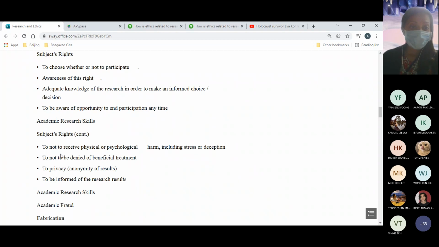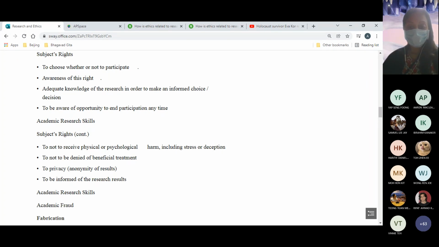So what are the subject's rights when we do research? We have to ensure that the participants are not physically or psychologically harmed. That is something that we cannot do. They cannot be denied beneficial treatment.